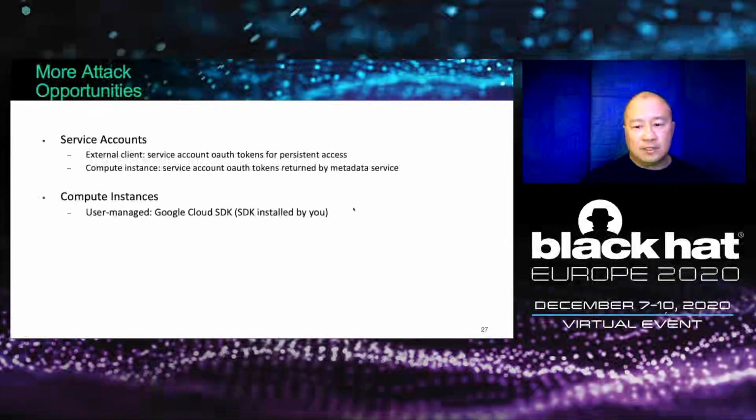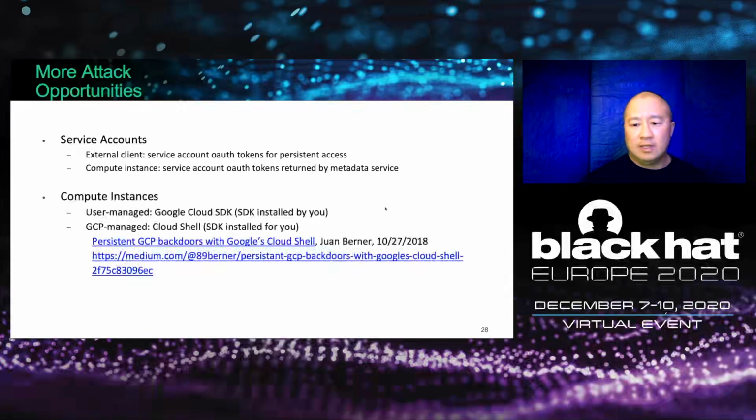So speaking of compute instances, we started the attack scenarios with external client environments, external to GCP. Certainly compute instances that have Google Cloud installed have the same issues that we've talked about. So everything applies. So additional attack opportunities are compute instances where the CLI is installed.